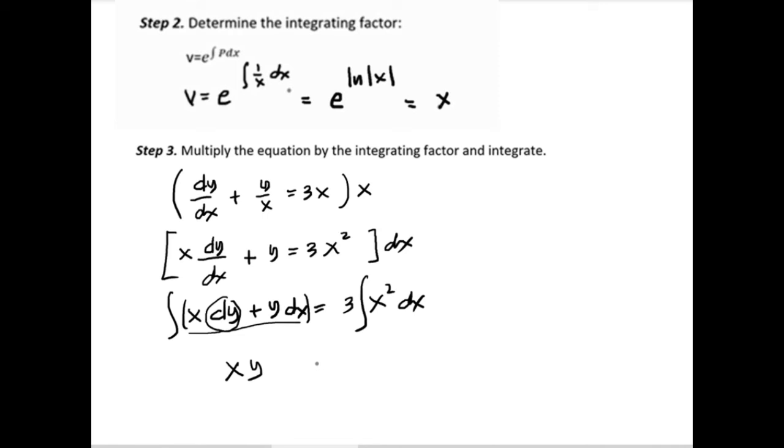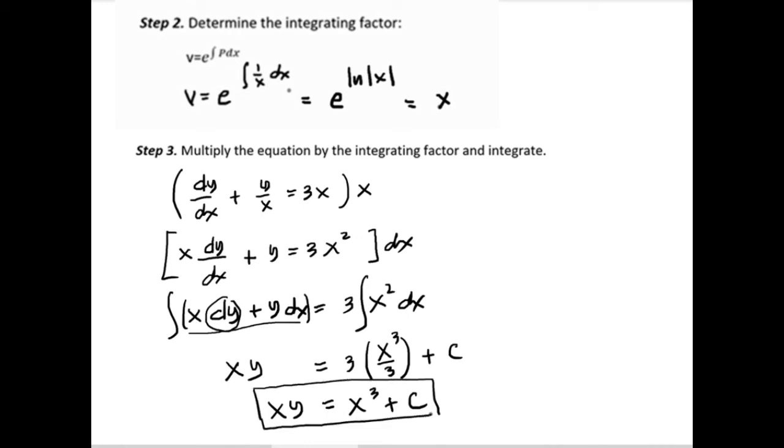And this is now equal to the integral of 3x squared dx, which is 3 times the integral of x squared, which is x cubed over 3, plus a constant. Then simplify, we have xy is equal to, cancel 3, we have x cubed plus c. And this is our final answer.